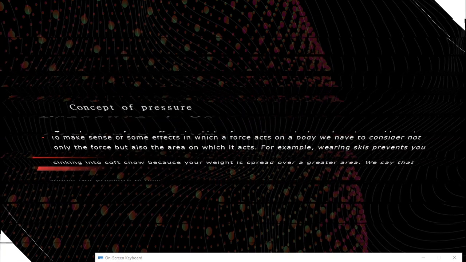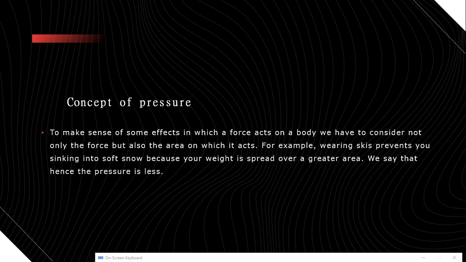So, to make sense of some effects of pressure in which a force acts on a body, we have to consider not only the force but also the area, the surface on which it acts. For example, the skis prevent you from sinking into soft snow because your weight is spread over a large area.